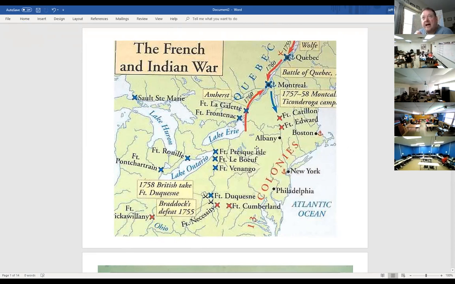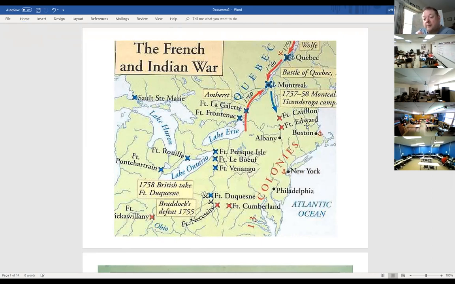There were some tribes in the northeast regions that did fight with the British. The British tried to get the Iroquois Nation, or the Iroquois League, to join their side, but they kind of stayed neutral. And that war was fought, with eventually England coming out the victor over France.